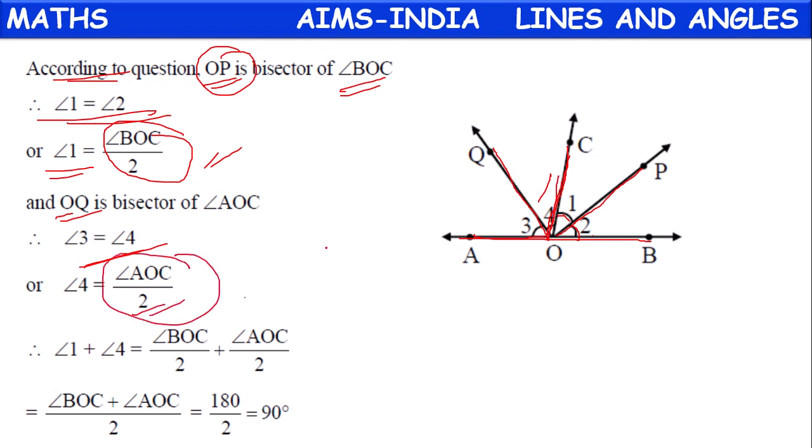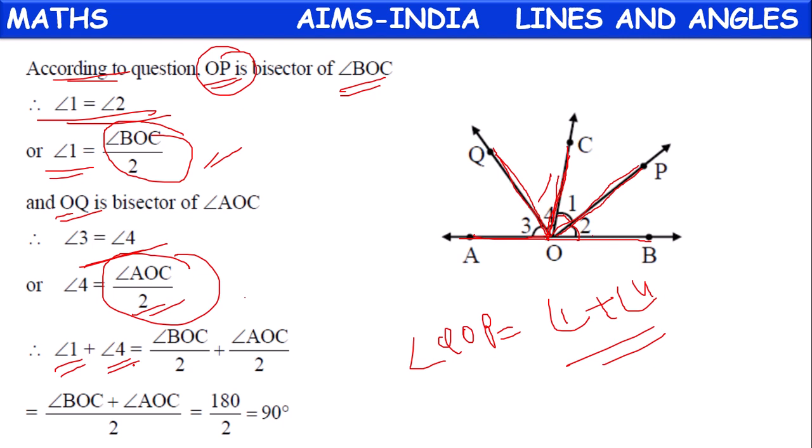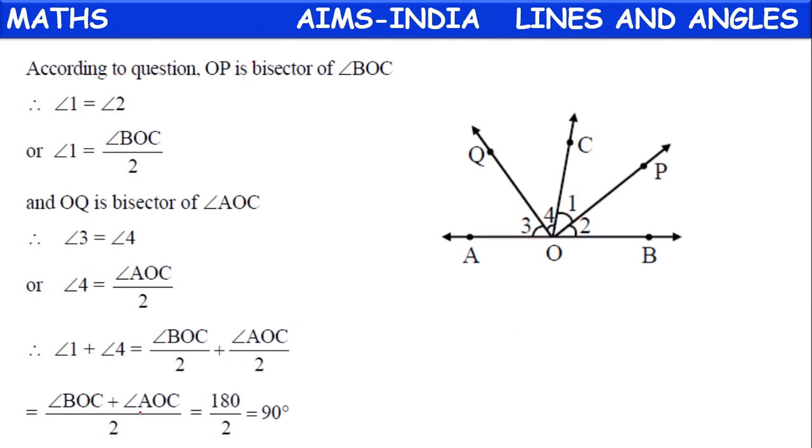But they are asking angle QOP, which is equal to angle 1 plus angle 4. So angle 1 means BOC by 2, angle 4 means AOC by 2. LCM is 2, we can write BOC plus AOC by 2.